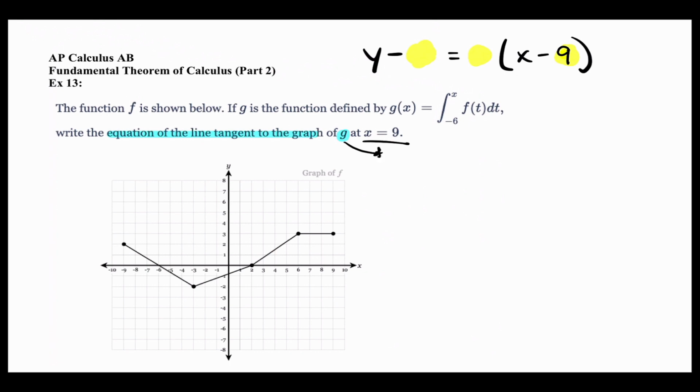So to get the slope, I need g prime. What is g prime equal to? The graph, yeah, f of x. If g is the integral of the graph, g prime is the actual graph.